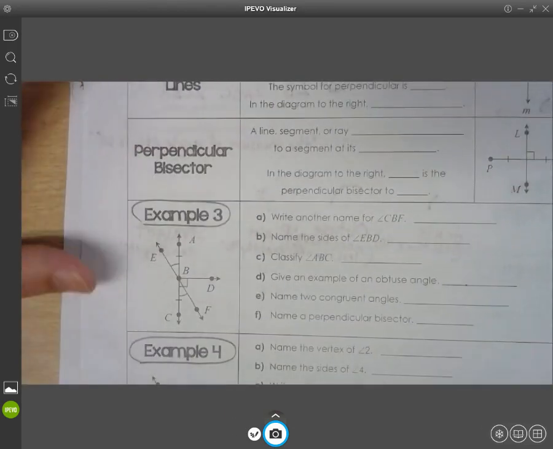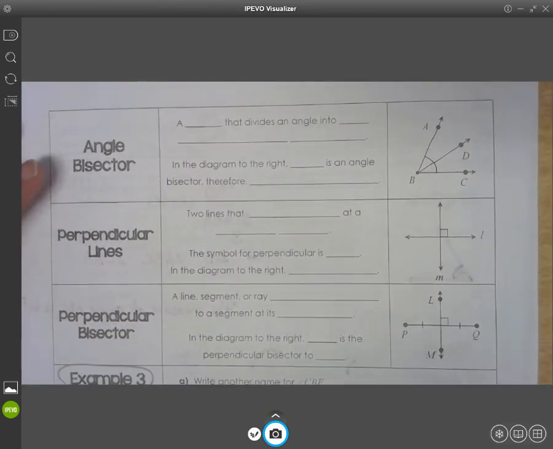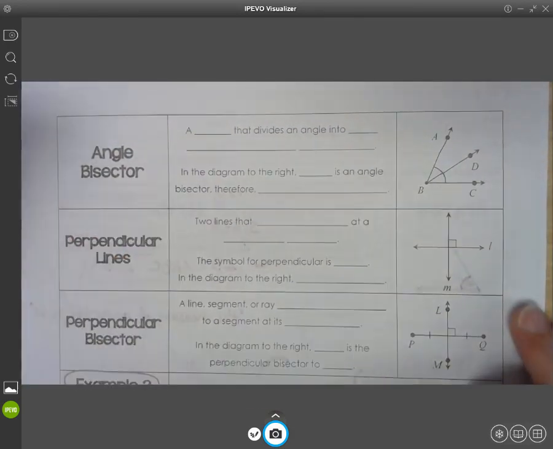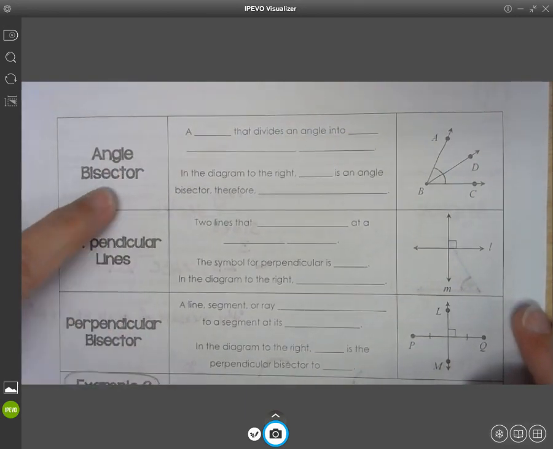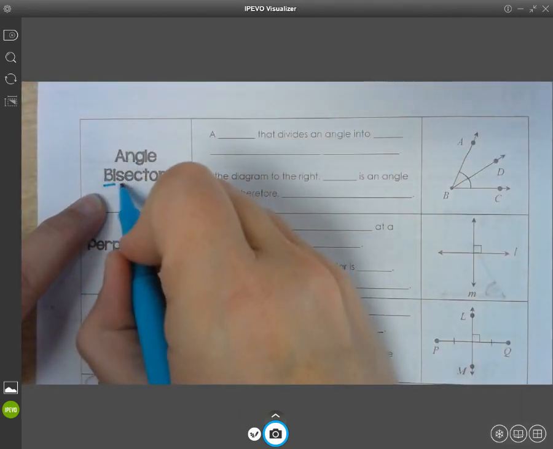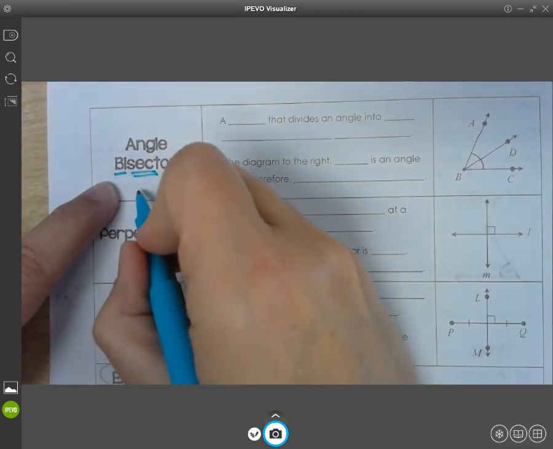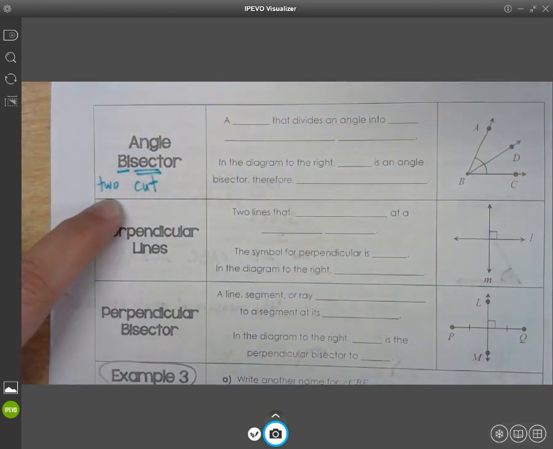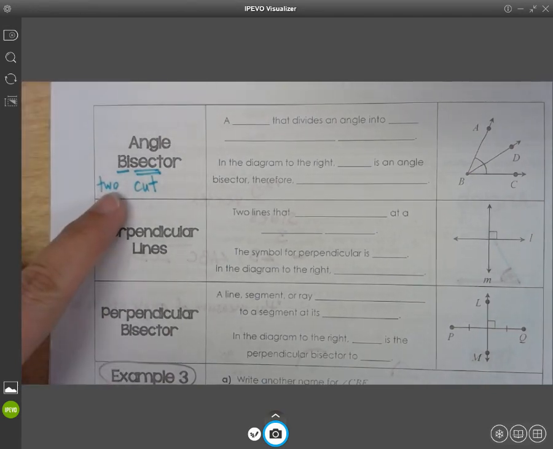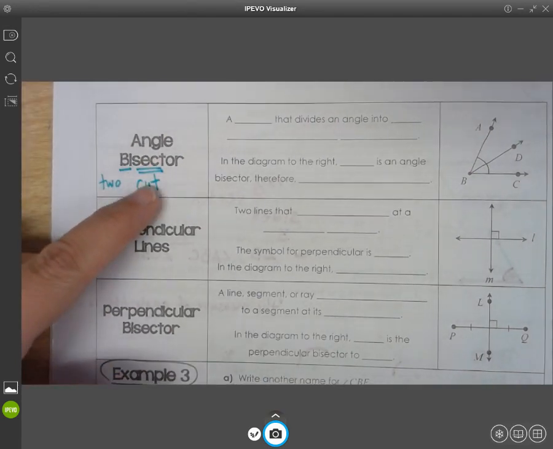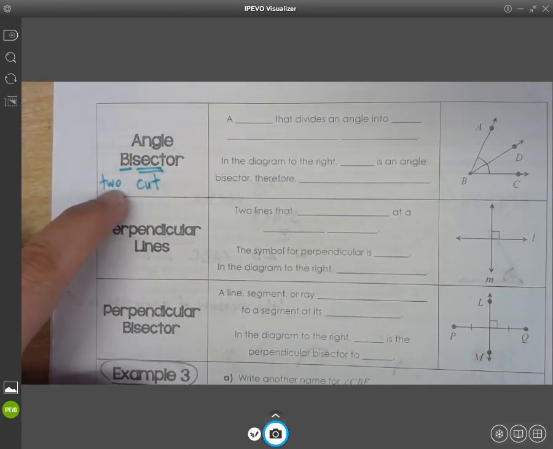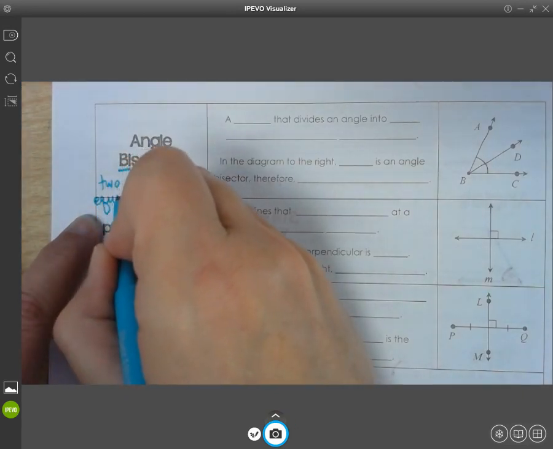All right. Okay, a couple more words just as a review. You should have already talked about these at some point. Let me switch to a different color just for kicks. All right, angle bisector. Bisect. Sect means to cut. Bi means two. Bicycle has two wheels, right? So an angle bisector is something that cuts an angle into two equal pieces.